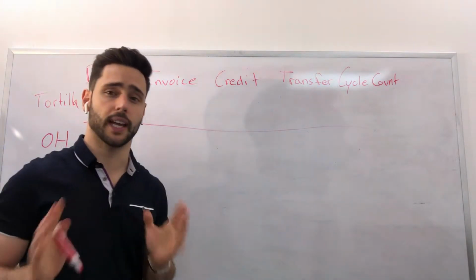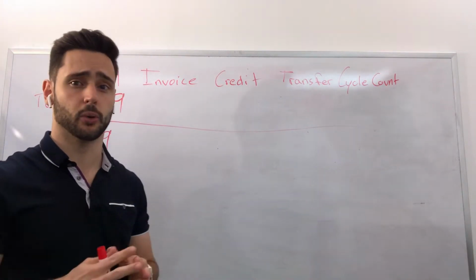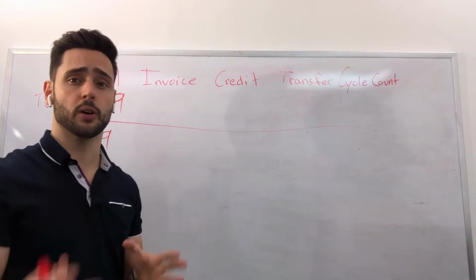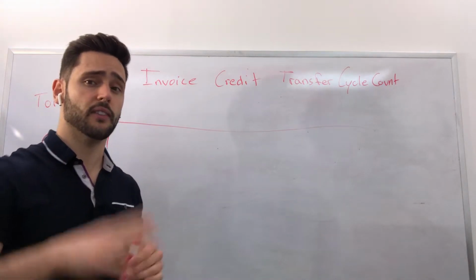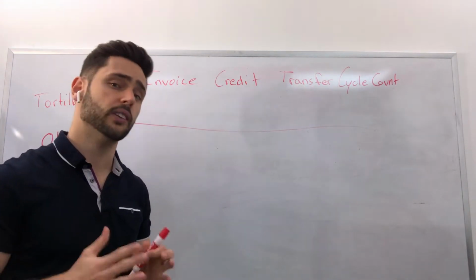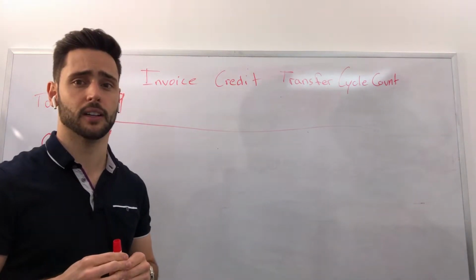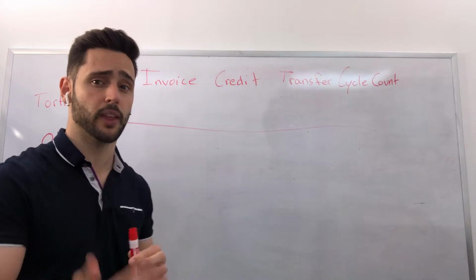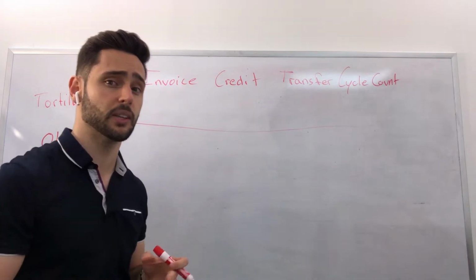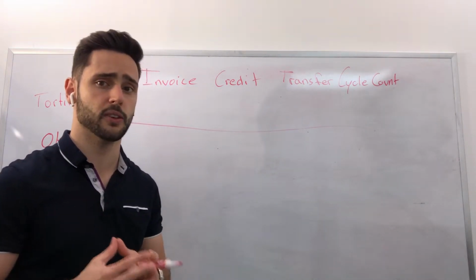Now what you're going to do, like any other business, is go out and sell those tortillas. So let's say you go to one of your supermarket chains and you sell 5 tortillas. When you sell these 5 tortillas, you are going to make an invoice for that customer. An invoice is a receivable that goes into your accounting system that your customer will pay you for at some point in the future.